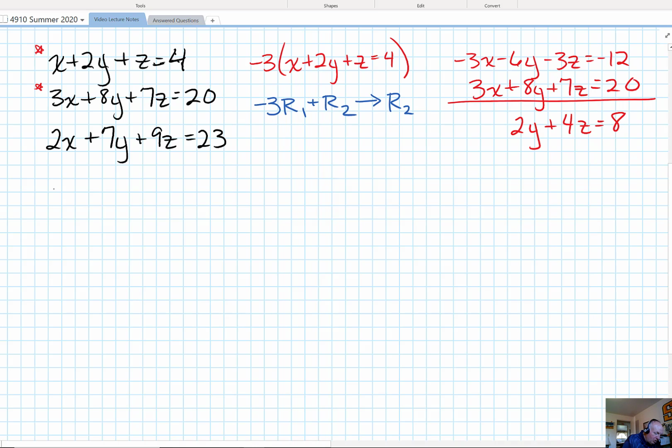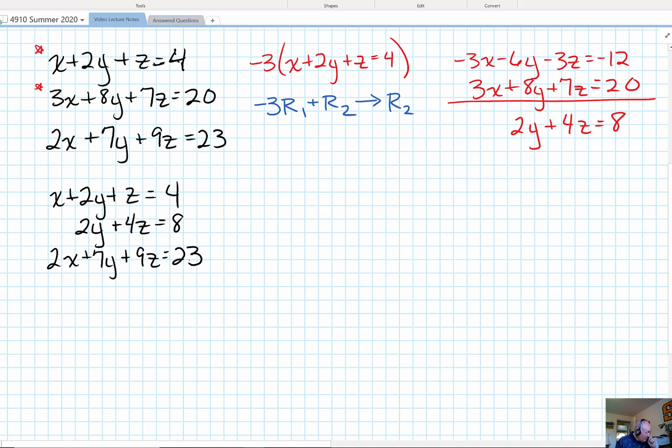And now I get a new system, putting in this new equation that I got from here as my second equation. Hopefully copying everything down correctly. Now let's talk about this for a second.